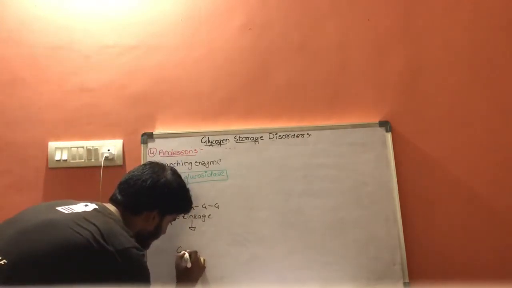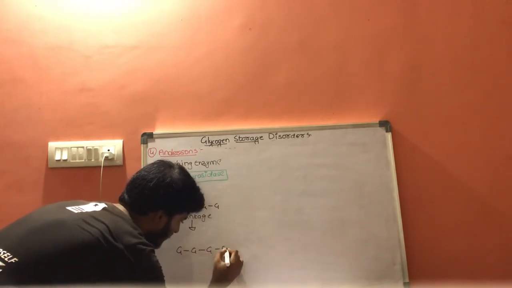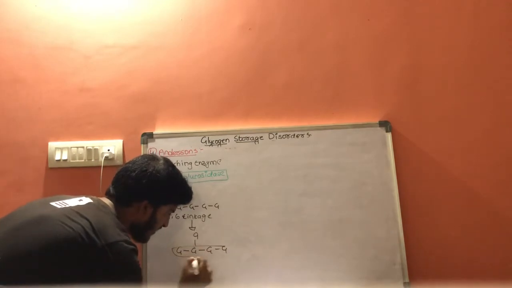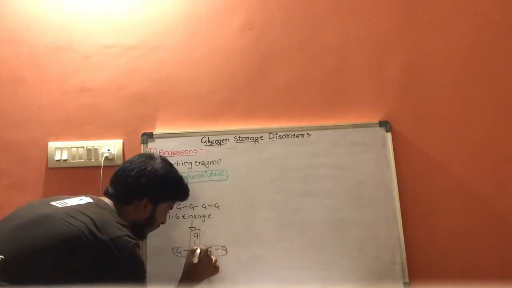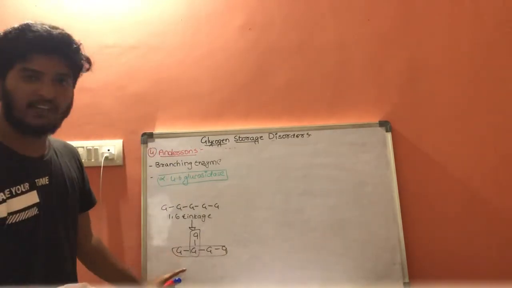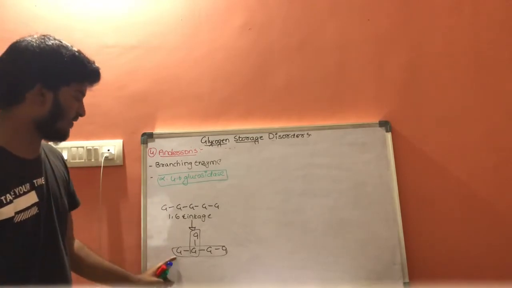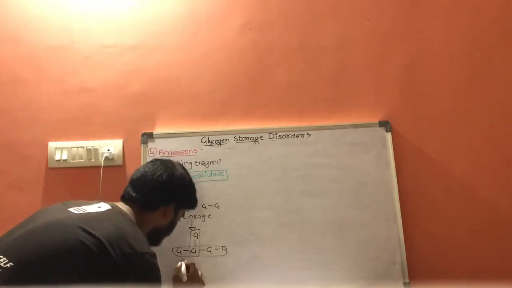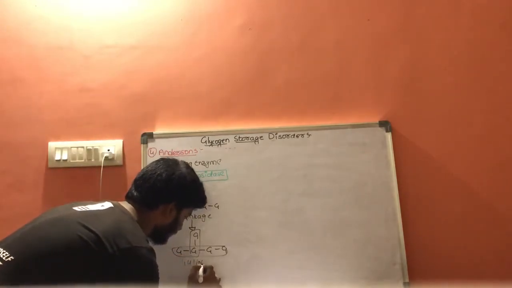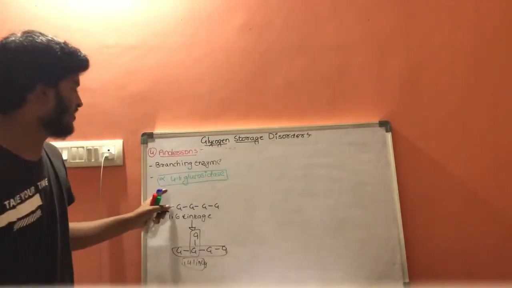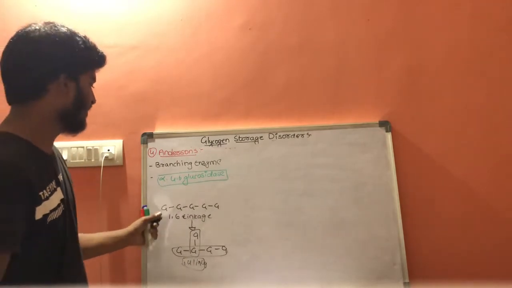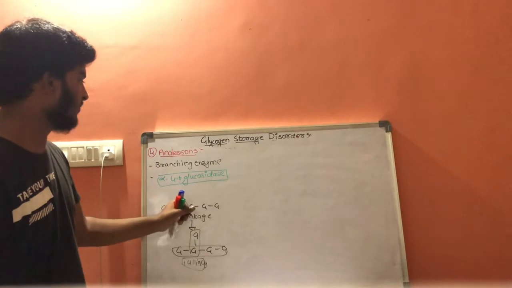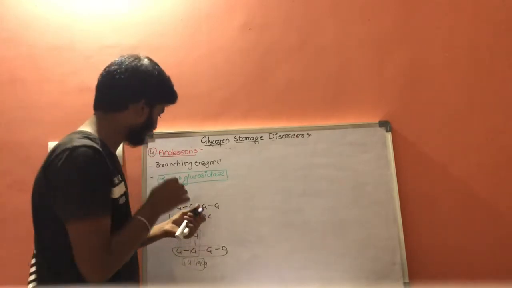Let us consider this is one glucose and this is another glucose, with 1,6 linkages and 1,4 linkages. The main function of branching is conversion of the 1,6 linkage into a 1,4 linkage. If there is damage to this enzyme, then long-sized glycogen will accumulate in the liver and kidney.